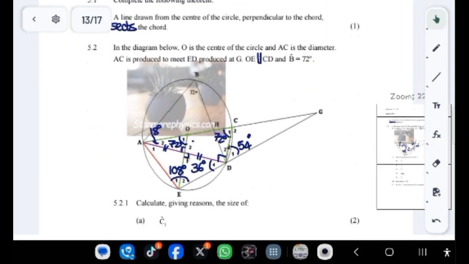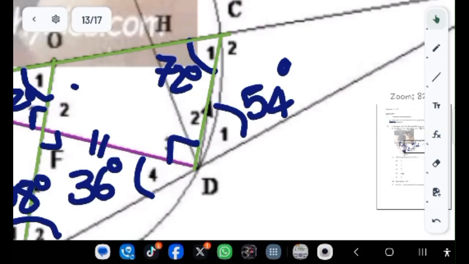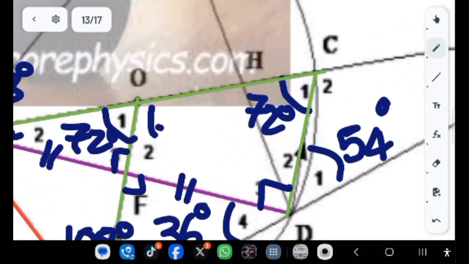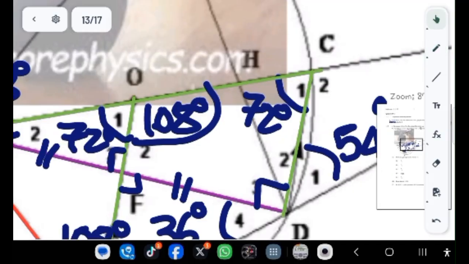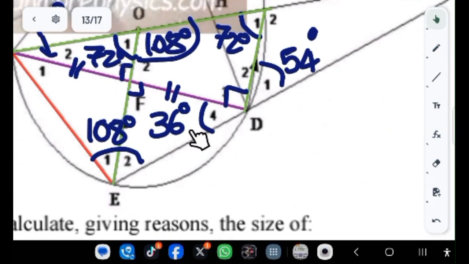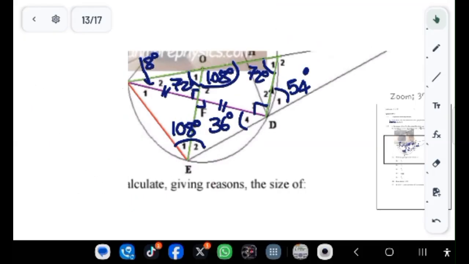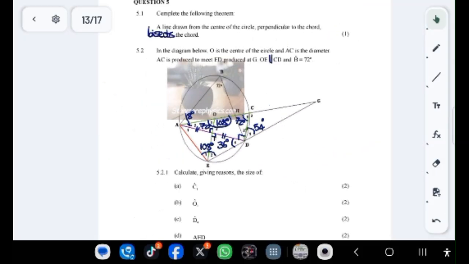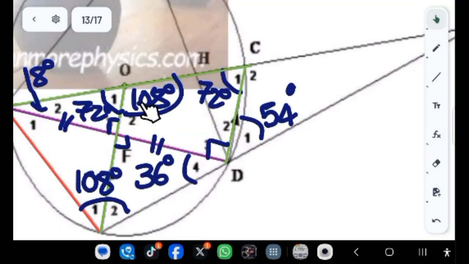Let's add the two opposite angles. So this is 108.